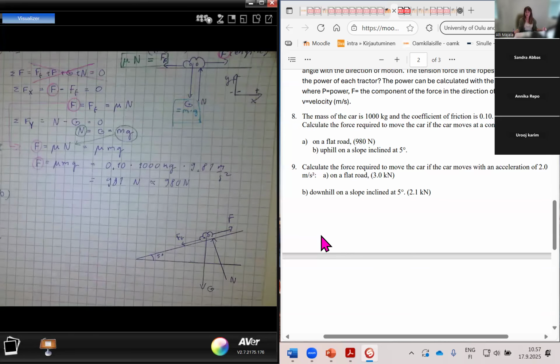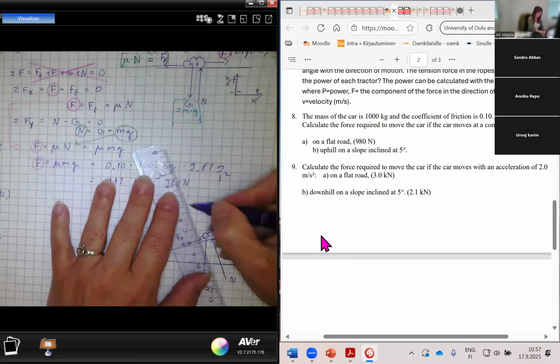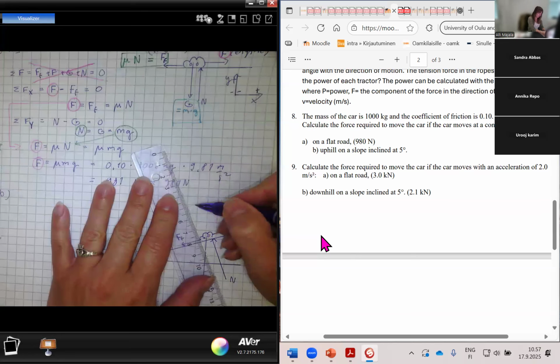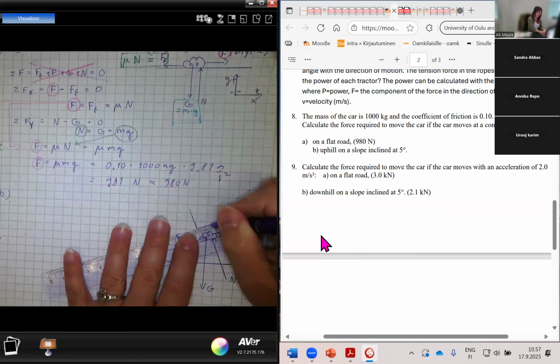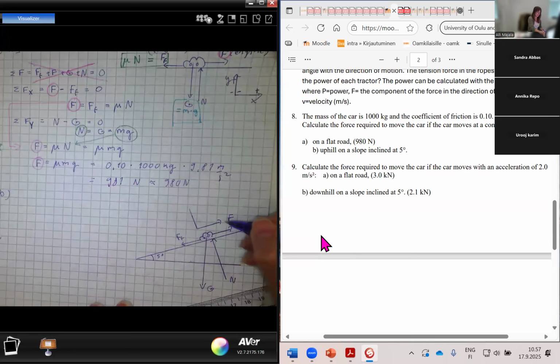But here it looks like now I have 3 different directions. Yes? So what I need to do is to decide where my y and x directions are. The x direction I always have towards the direction of the motion.